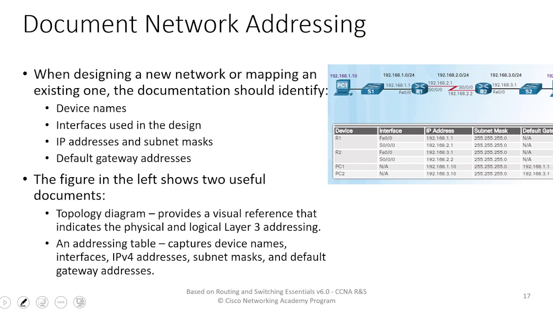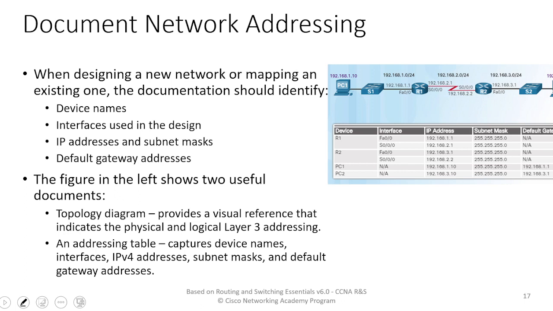One is as a topology diagram, that is the diagram above, or as an addressing table, like the table below, where all this information is recorded for our understanding of the network.